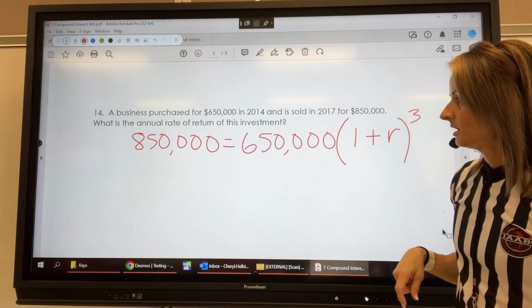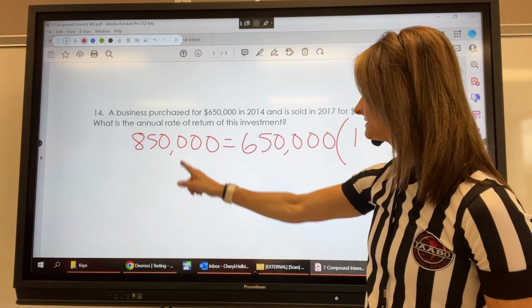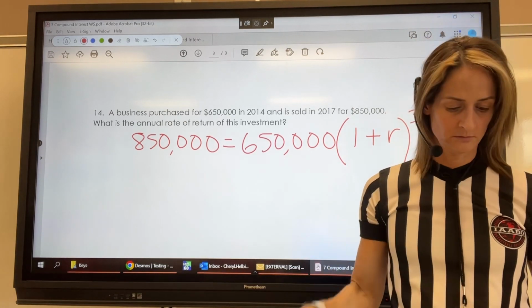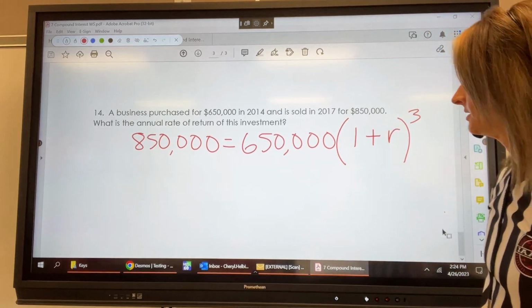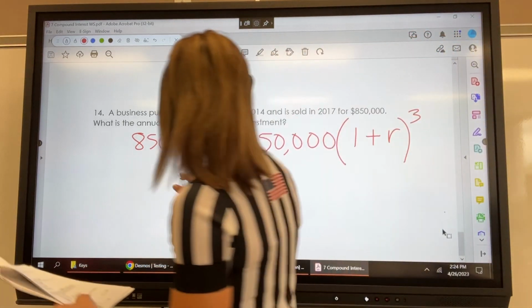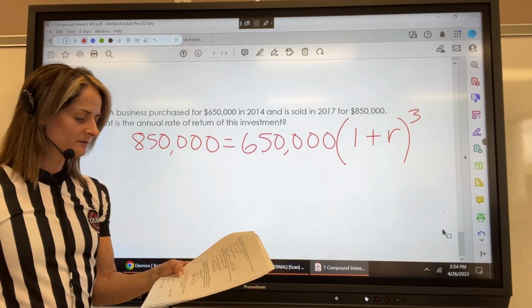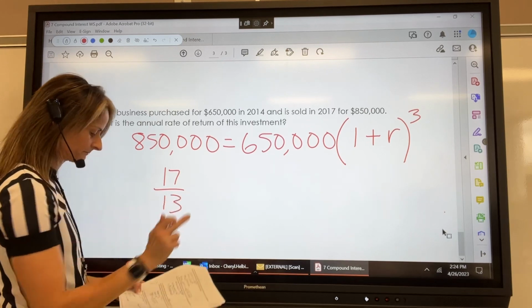Now we have to solve for R. So I'm going to divide both sides by this 650,000, and then I'm going to take the cube root of both sides. So really the rest is just algebra 2 stuff. If I divide by 650, I get 85. Actually, 85 over 65 simplified on the calculator is 17 over 13.